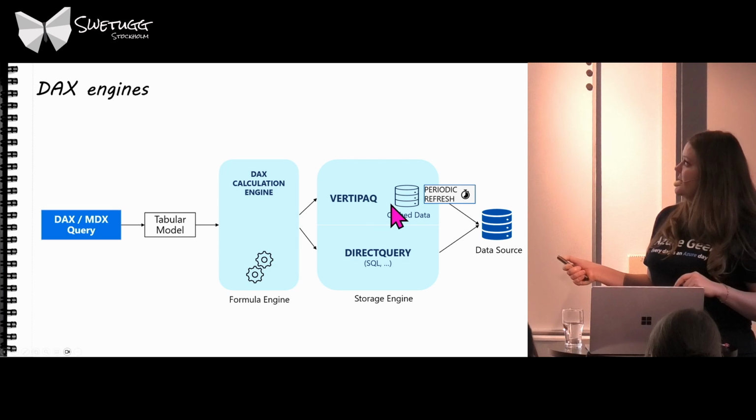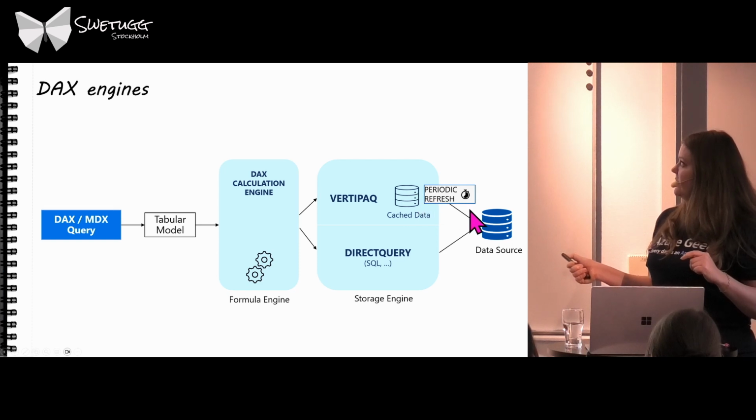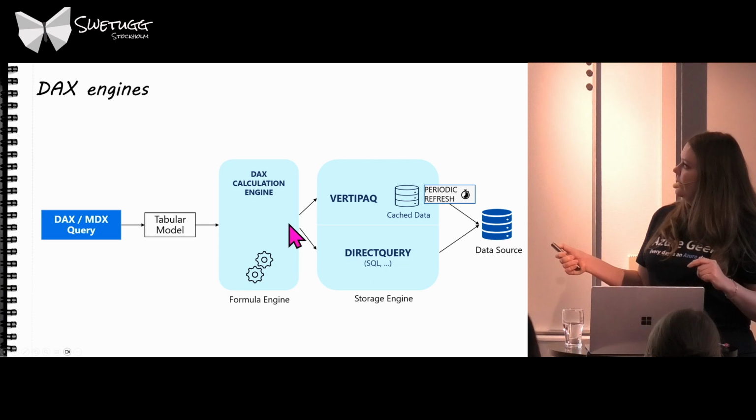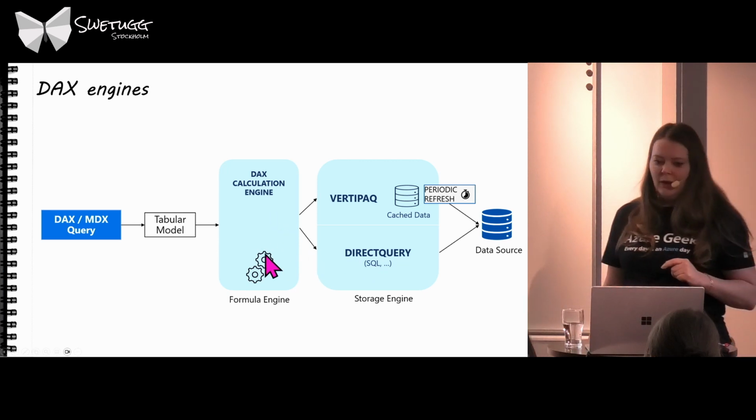Here we get data from the cache. And as I mentioned, if you want to get fresh data, you need to set up periodic refresh, because data will not refresh itself. If you configure DirectQuery, then the request will be sent by the storage engine to the data source, and then returned back to the formula engine to do the calculations.